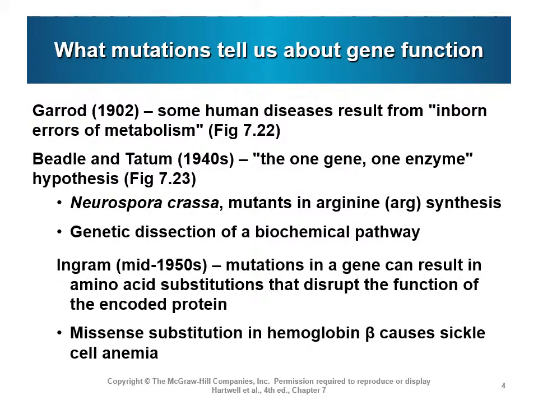So the hypothesis, and we talked about this particular case previously, was Neurospora crassa, where mutants in arginine synthesis occur. By doing genetic dissection of the biochemical pathway, we can determine in which particular enzyme the mutation exists that is causing the dysfunction of the system.